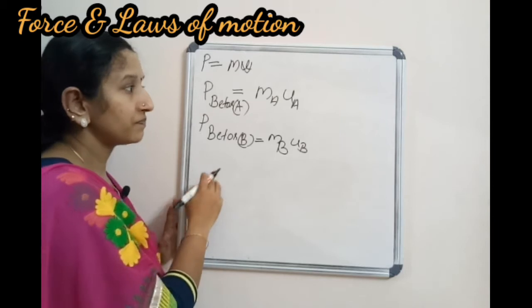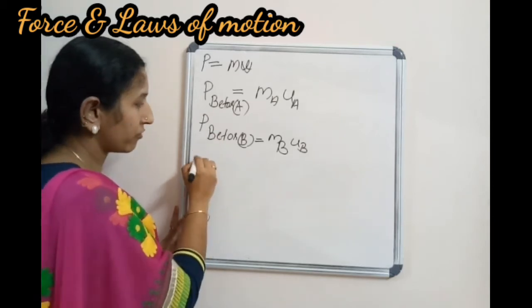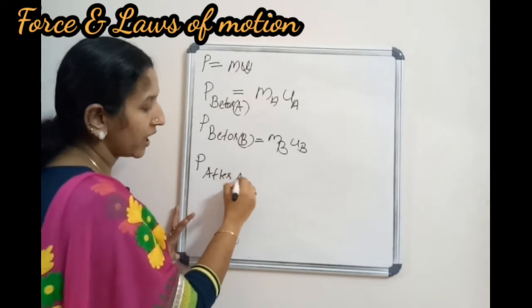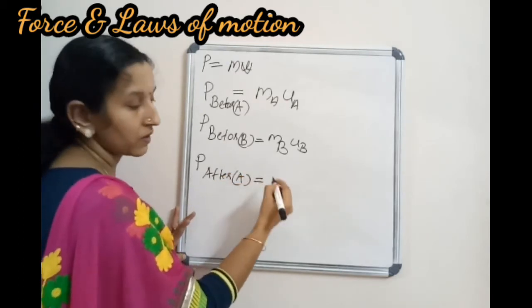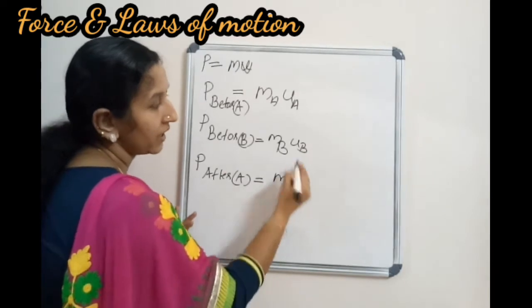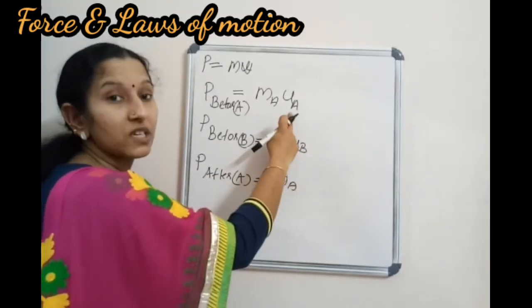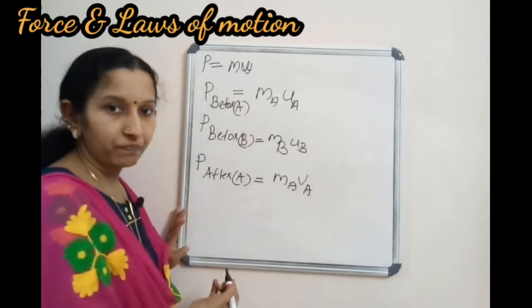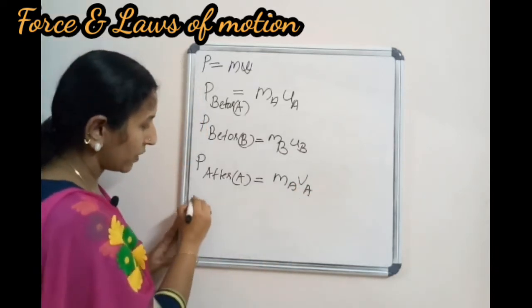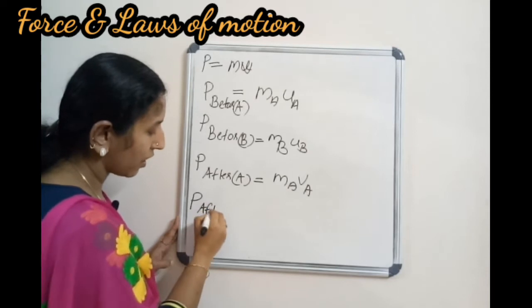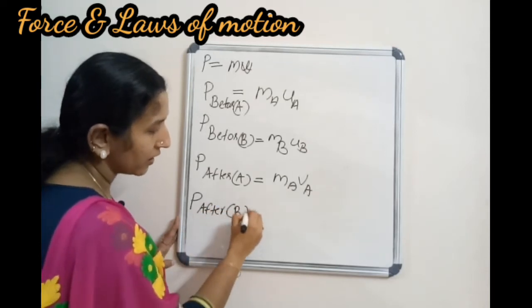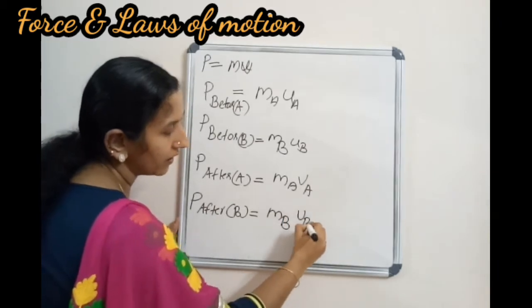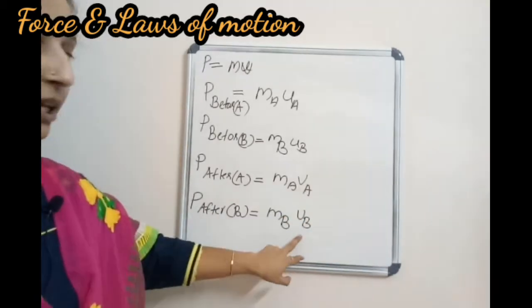Then the momentum after collision: the momentum of ball A after collision equals MA VA, because after collision the velocity U changed to V. And the momentum of ball B after collision equals MB VB, so UB changed to VB.